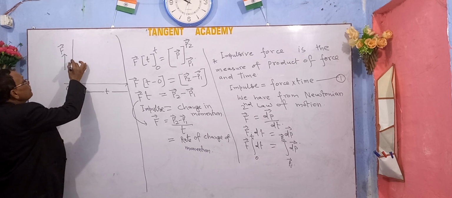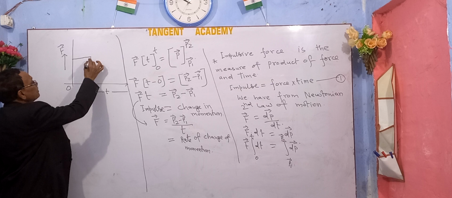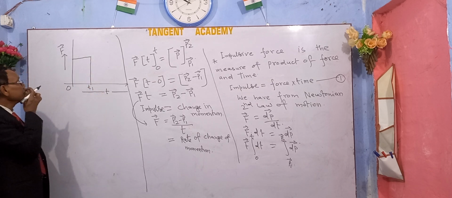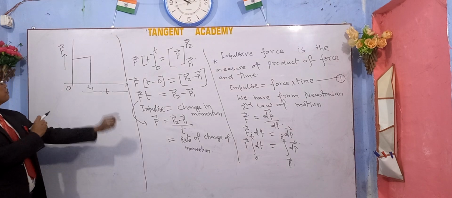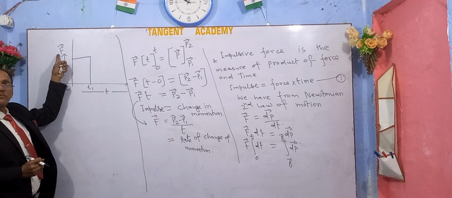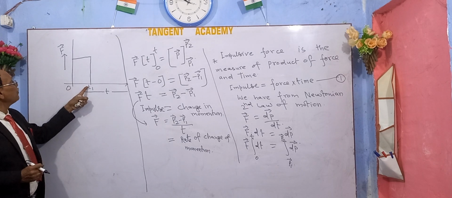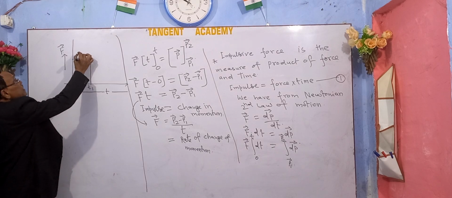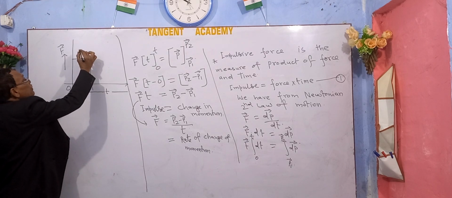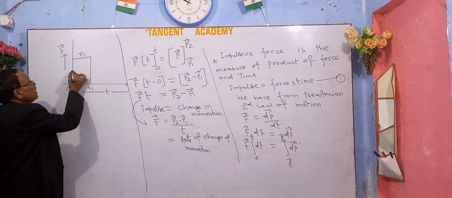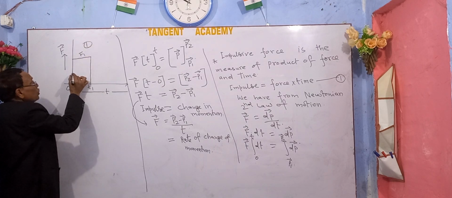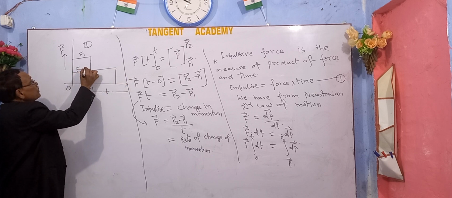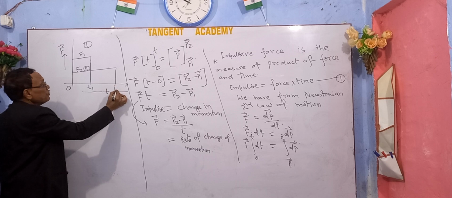Let F1 force be applied for time t1. Then the impulse will be force into time. This is situation 1, F1 force for time t1, and this is situation 2, F2 force for time t2.